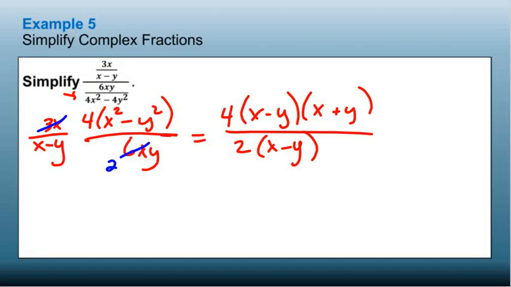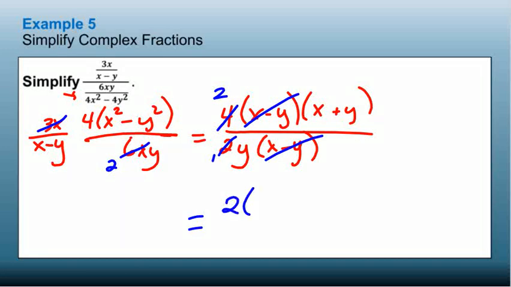If I simplify that, actually this would be 2y. I simplify it, x minus y's divide out. Divide a 2 out here, divide a 2 out here. I get a final answer of 2 times x plus y all over y.